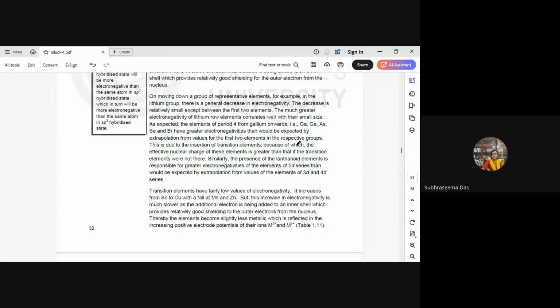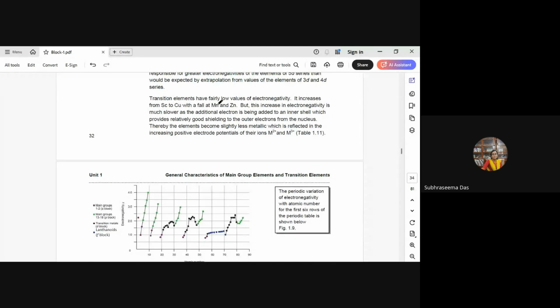Because of the presence of the transition elements, the effective nuclear charge of these elements is greater than if they were not present. Transition elements have fairly low values. It increases from scandium to copper, with a fall at manganese.